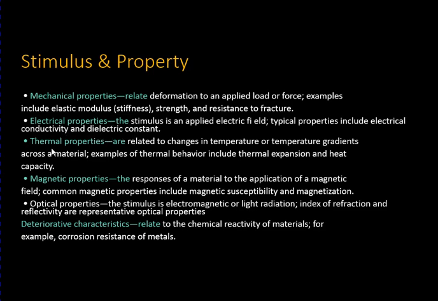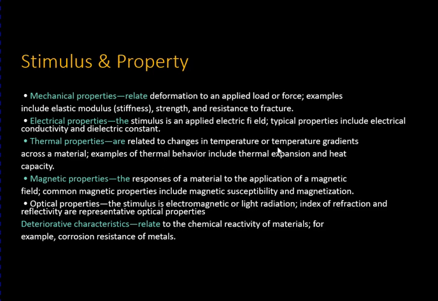Okay, now the next we have thermal properties. Now thermal properties are related to the changes in temperature, or temperature gradient across materials. Examples of thermal behavior include thermal expansion and heat capacity. So for thermal property, the stimulus is actually heat.